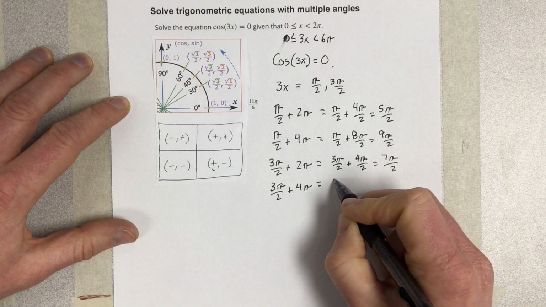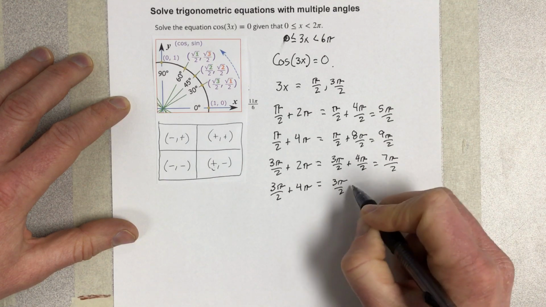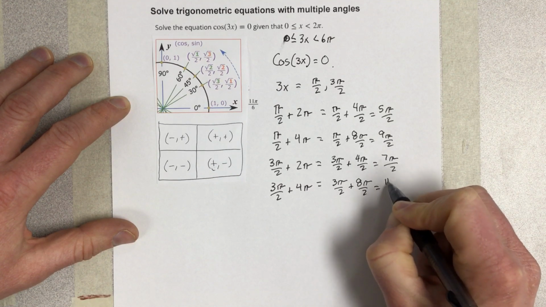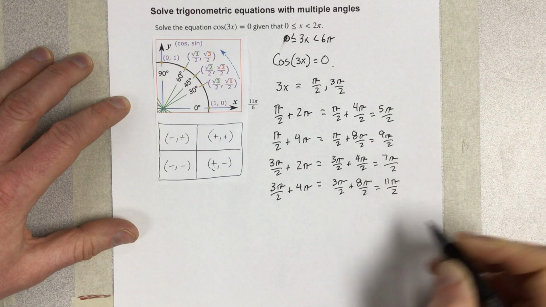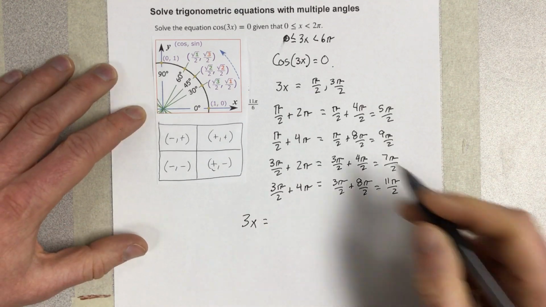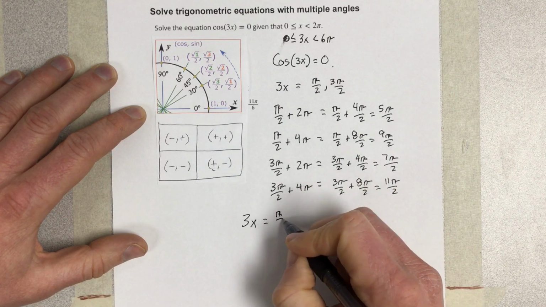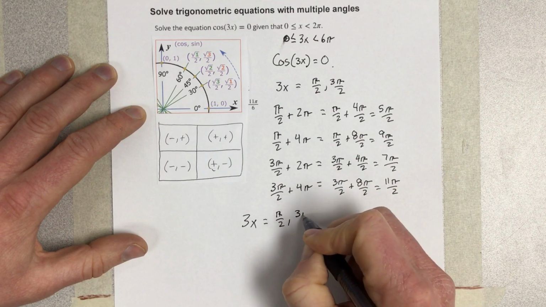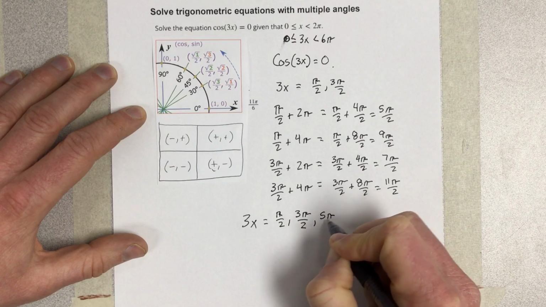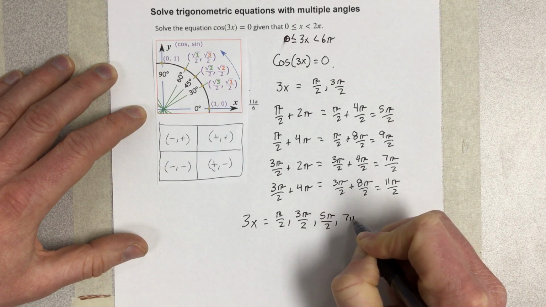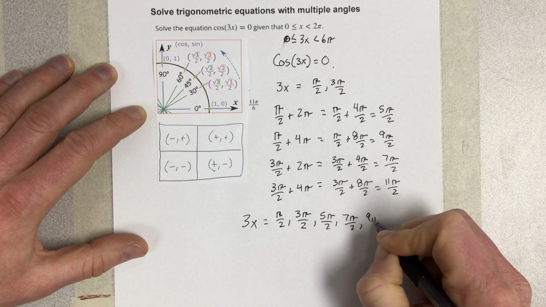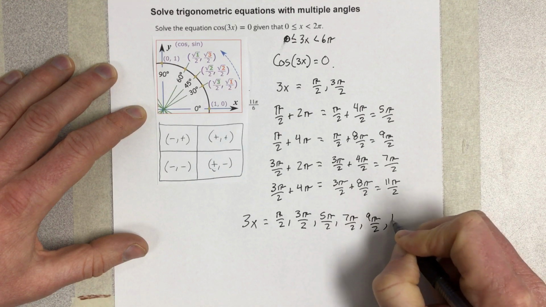We add the 3 pi over 2 plus 8 pi over 2, which is equal to 11 pi over 2. So that means that 3x is actually equal to all of these possibilities. So I've got pi over 2, 3 pi over 2, 5 pi over 2, 7 pi over 2, 9 pi over 2, and 11 pi over 2.